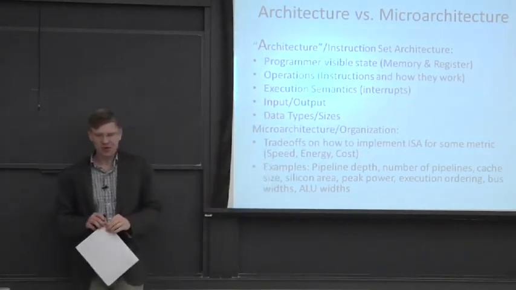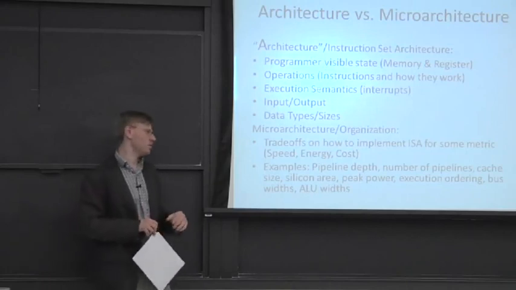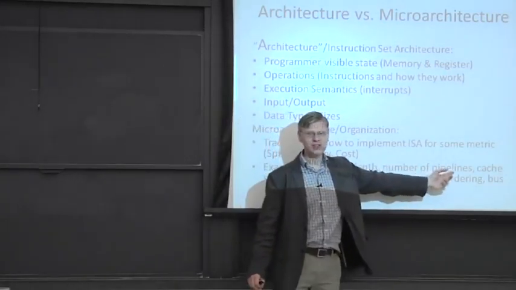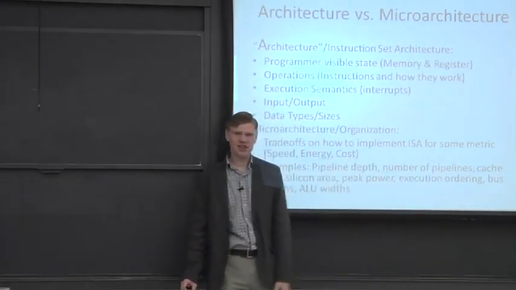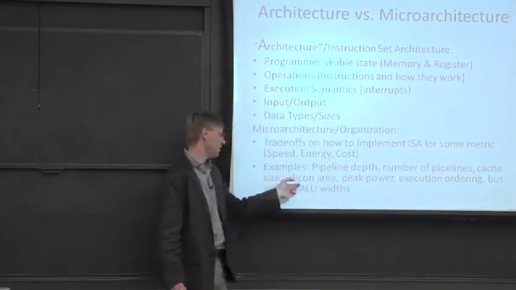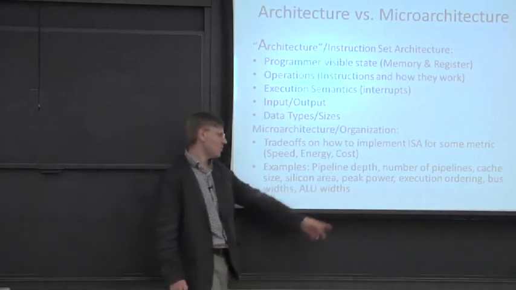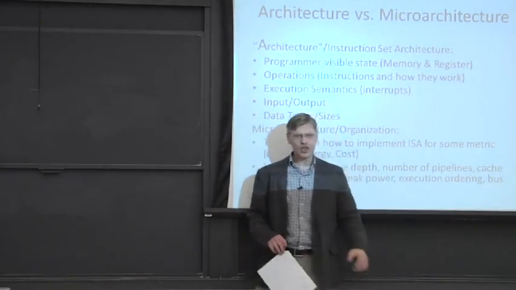So let's look at some examples of things that you might trade off in a microarchitecture. You might have different pipeline depth, numbers of pipelines. You might have one processor pipeline, or you might have 6, like something like the Core i7s today. Cache sizes, how big the chip is, the silicon area, what's your peak power, execution ordering.